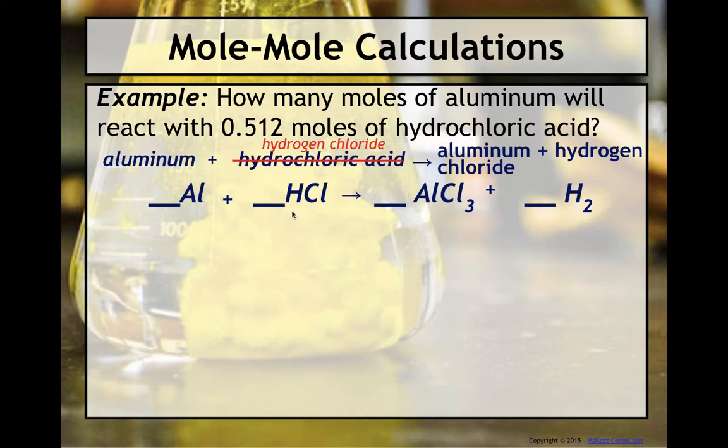So then I will have 3 hydrogens on this side, but only 2 hydrogens on this side. So how can I get this to be 3 and 3? Well, what I can do is I can put 1.5 here, because 1.5 multiplied by 2 is 3. So that does become balanced.